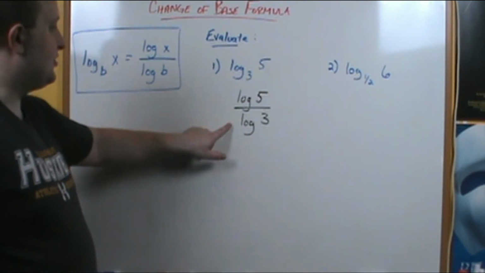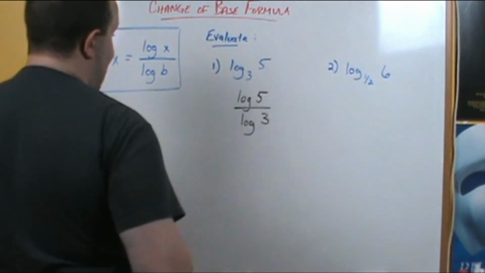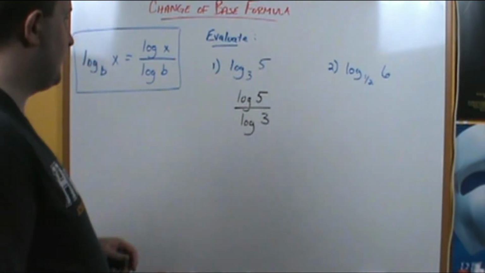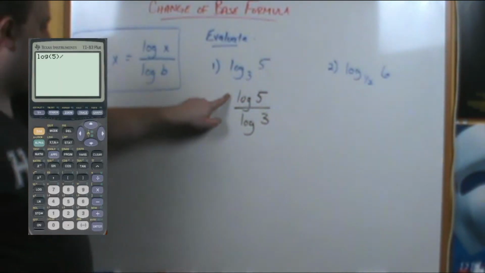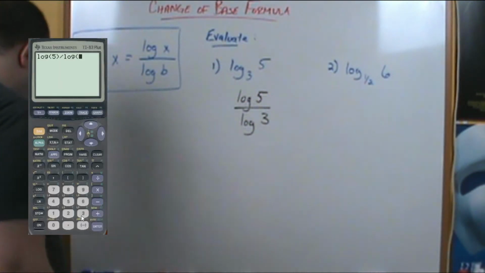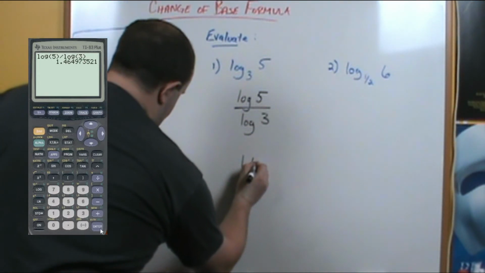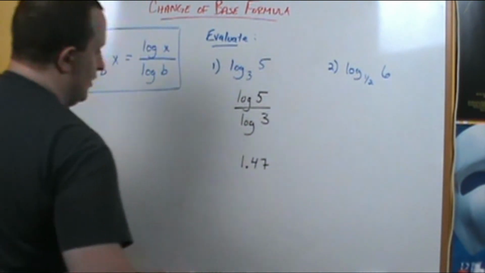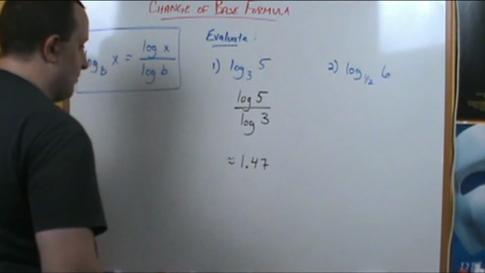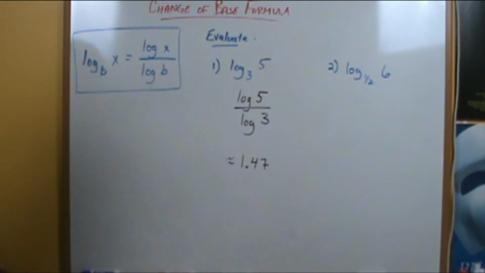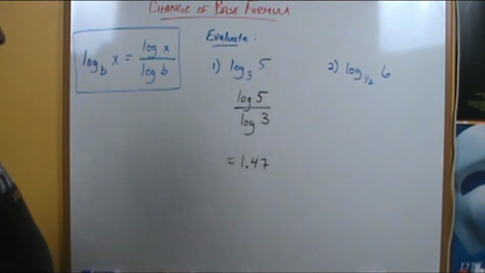Now this right here would be an exact answer for the log base 3 of 5, but if we enter into our calculator log of 5 divided by the log of 3, we will get an approximate answer of about 1.47, which is a rounded approximation. So the log base 3 of 5 is approximately equivalent to 1.47.